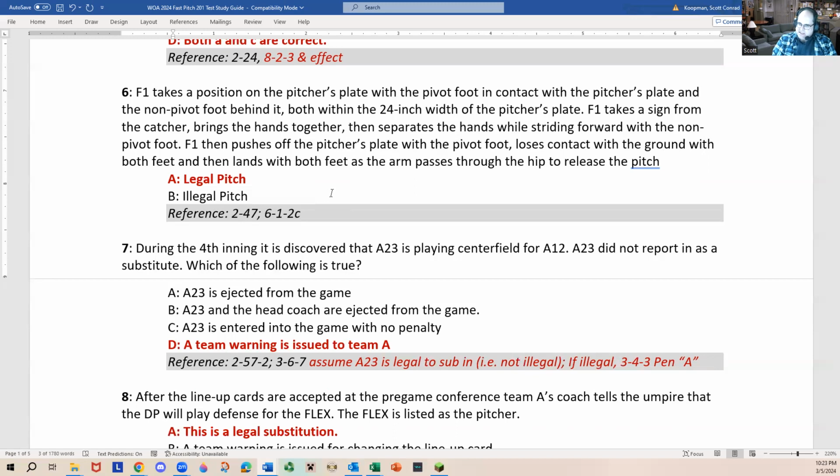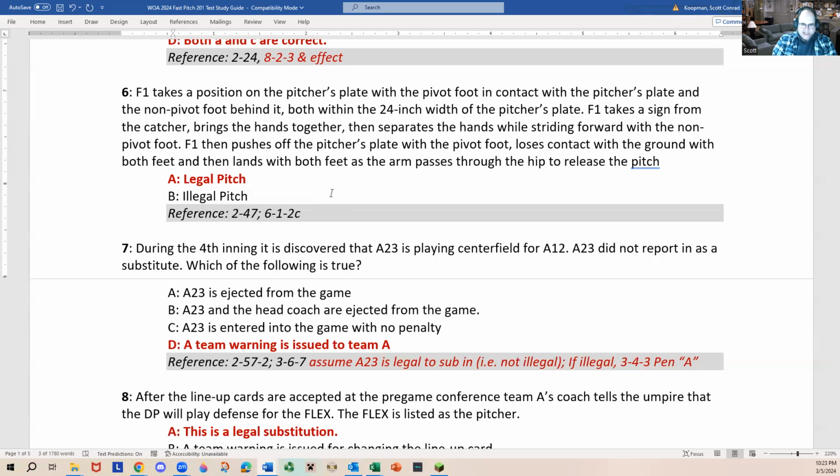Now, when you read the definition of a legal pitch, all of those things are necessary and perfectly legal. F1 then pushes off the pitcher's plate with the pivot foot, loses contact with the ground with both feet, and then lands with both feet as the arm passes through the hip to release the pitch.